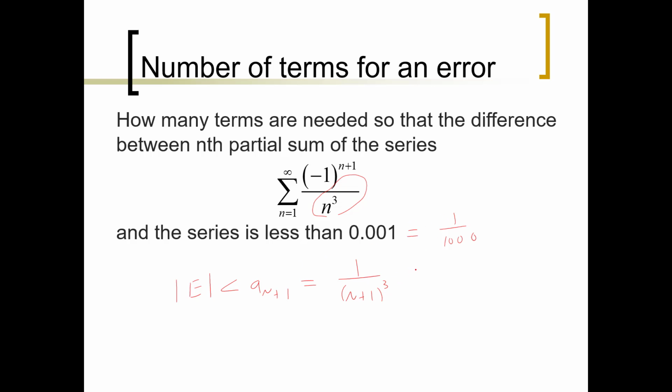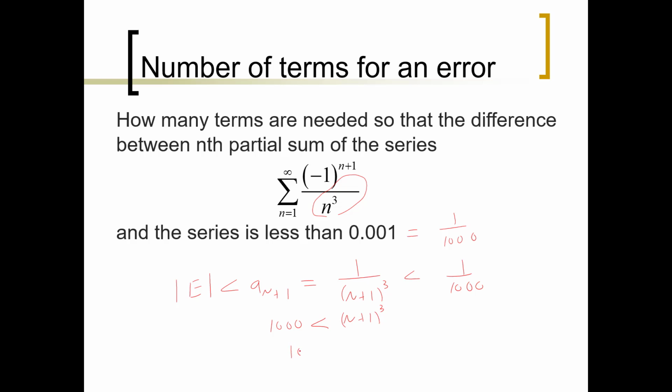So if I can make this fraction less than 1/1000, then by tracing it back, the error is less than 1/1000. Just solving that inequality, that means 1,000 would have to be less than (n+1) cubed. I don't change the inequality because I only multiply by positive numbers.